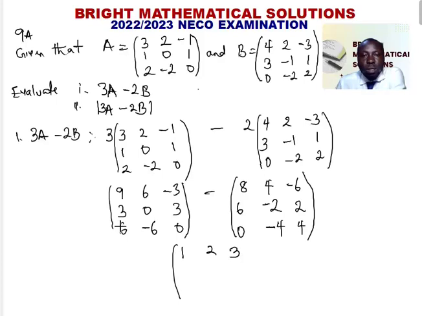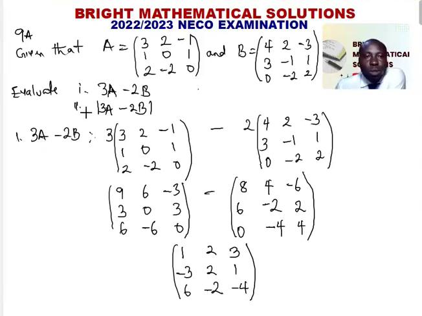So 3 minus 6, that's minus 3. 0 minus 2, that's minus 2. 3 minus 2, that's 1. 6 minus 0, 6. Minus 6 minus 4, that's minus 2. 0 minus 4, that's minus 4. So this is 3A minus 2B.